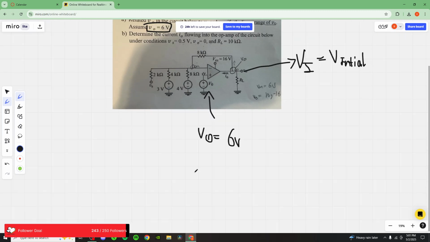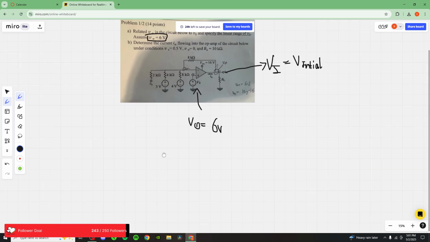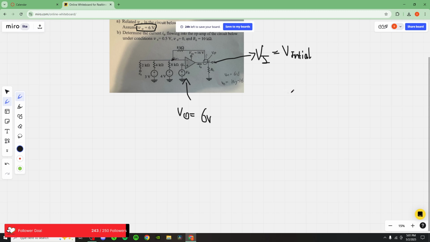So let's do this. What you actually want to do is a node voltage method at this node right here. Since V0 is equal to 6 volts, that means Vn should also be equal to 6 volts, right?